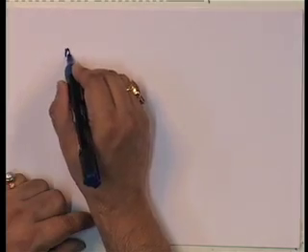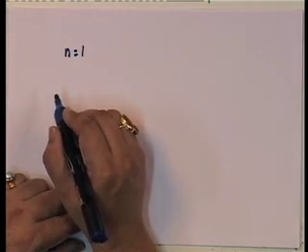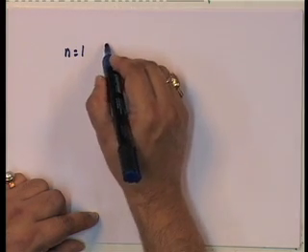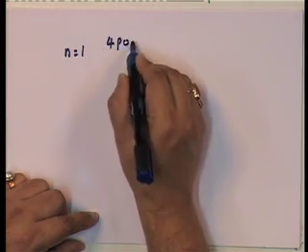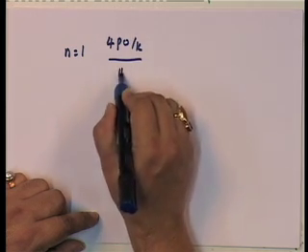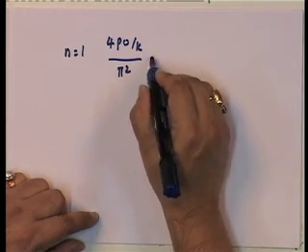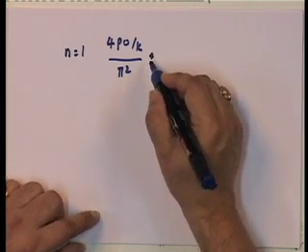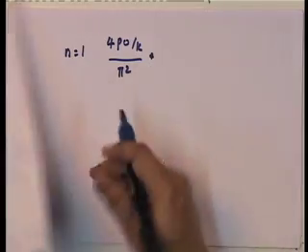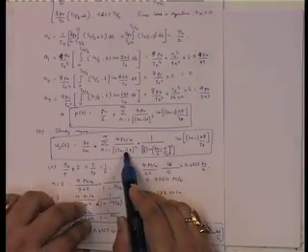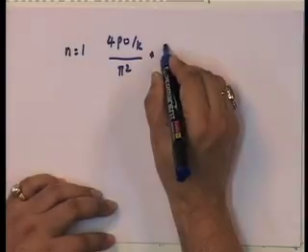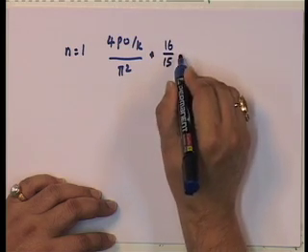We get that the first term, n equal to 1, is going to be equal to 4 p naught upon k into pi squared, upon, well, now you need to do this, this is 2n minus 1, so this becomes pi, and then you need to do this one also. So, that becomes 16 upon 15.